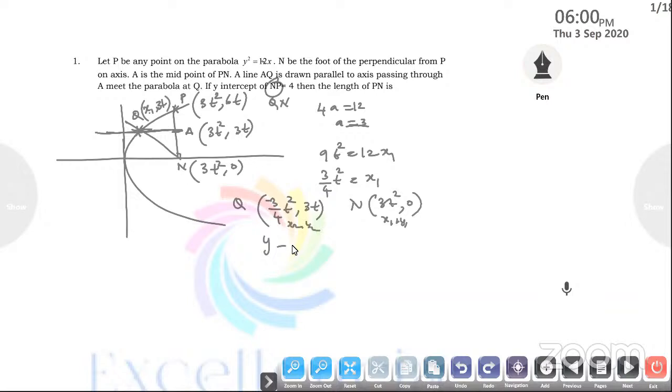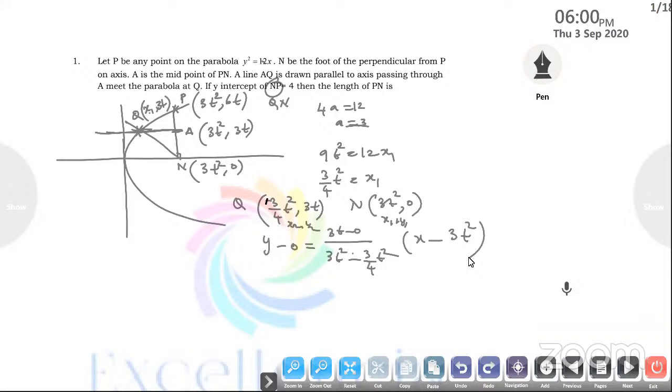So we have y minus 0 is equal to (3t minus 0) divided by (3 by 4 t squared minus 3t squared) into (x minus x1), where x1 is nothing but 3t squared. So let us simplify this and find out the y-intercept.